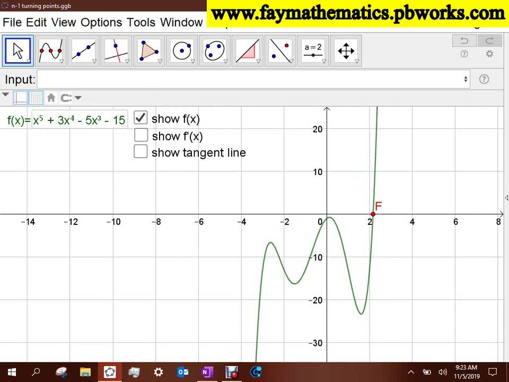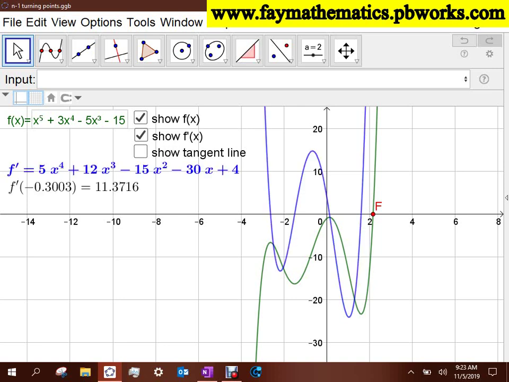And if I look at that thing, how many turning points do I have? 1, 2, 3, 4, right? Well, it's x to the fifth, so that's the maximum number of turning points I could have. But if I look at the derivative of that thing, is that turning point right there where my cursor is the same position as an x-intercept of the blue?